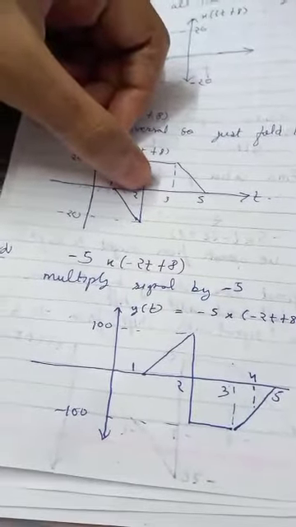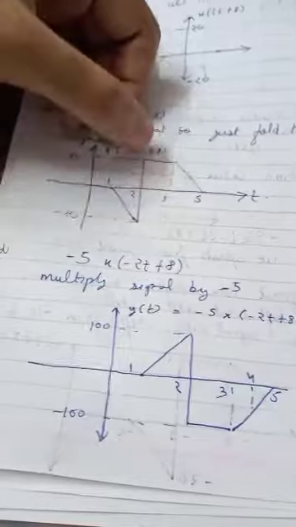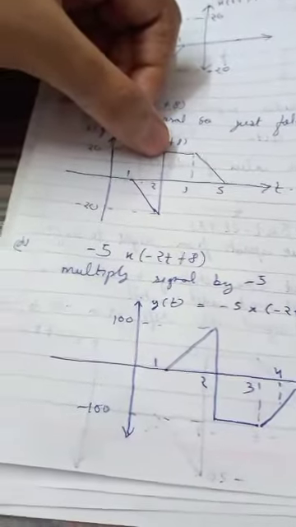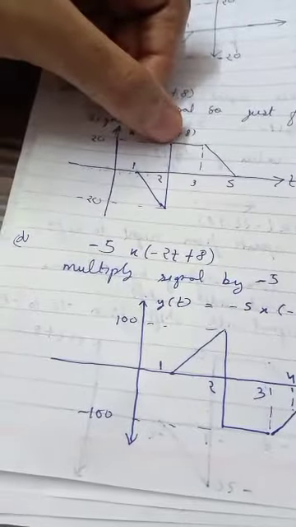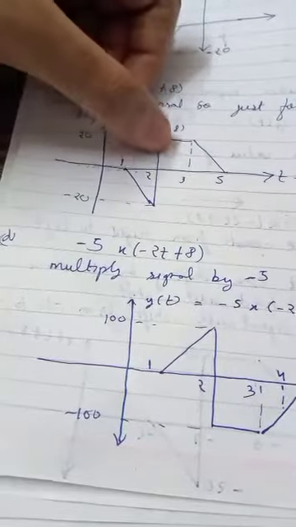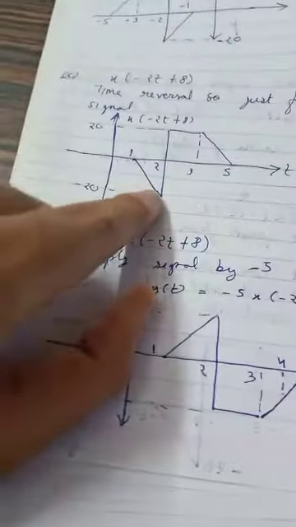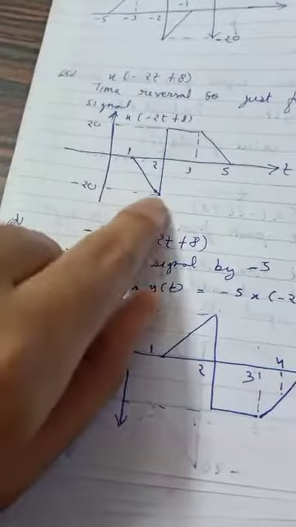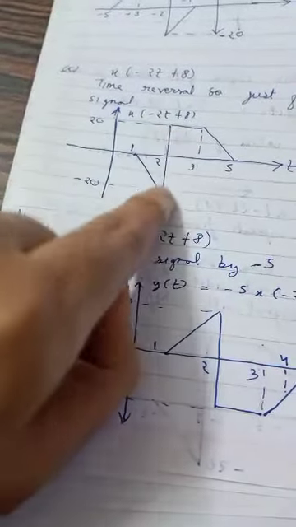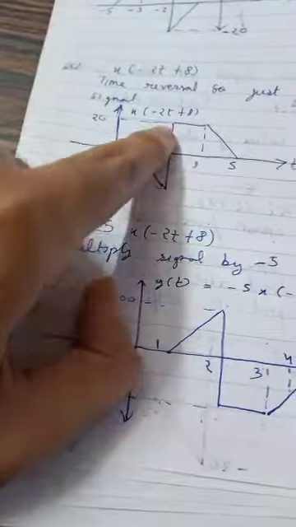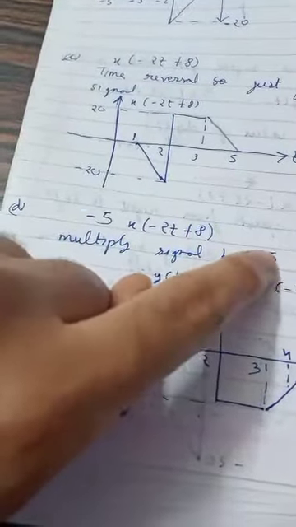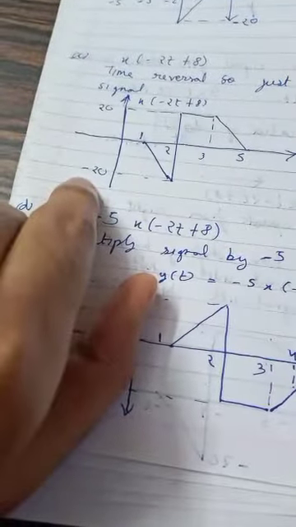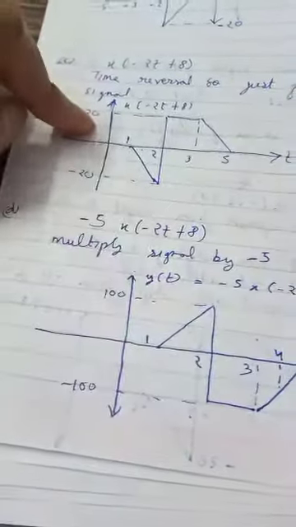The magnitude at 2, which was changing from minus 20 to plus 20, will change from plus 100 to minus 100, because we have to multiply by minus 5. So minus 20 will become 100 and 20 will become minus 100.